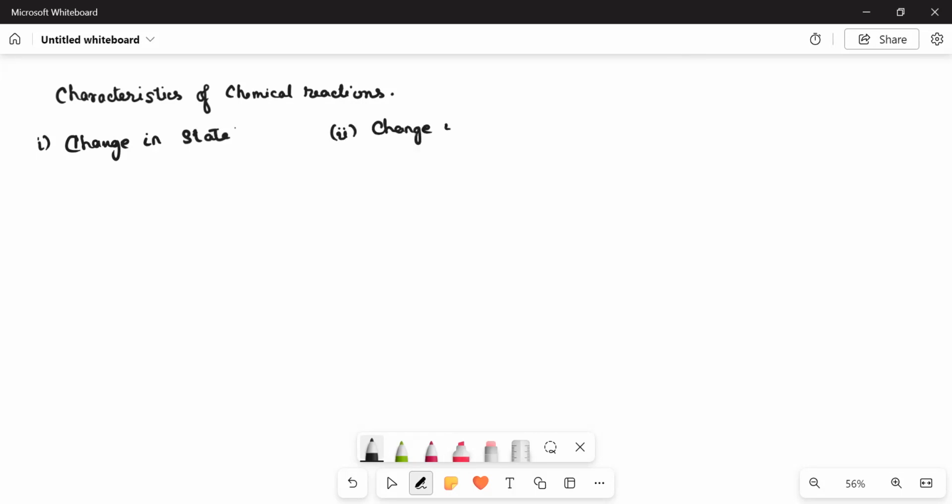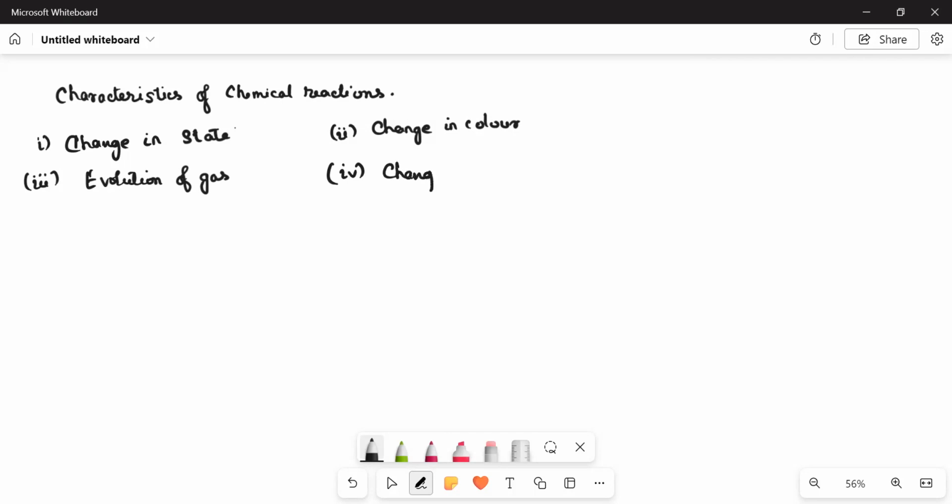Change in color means there is a slight change in color. The third one is the evolution of gas. I'll explain all of these characteristics with examples as we move ahead. Then we come to change in temperature.